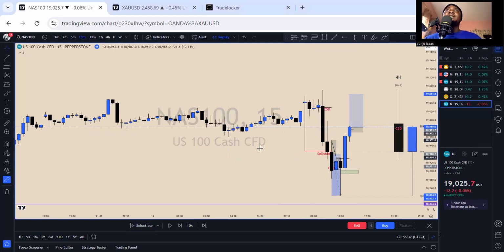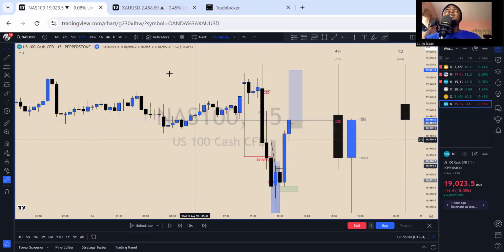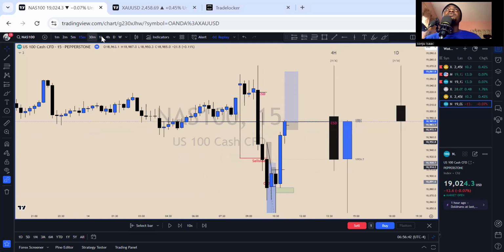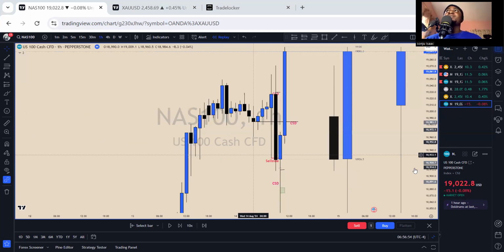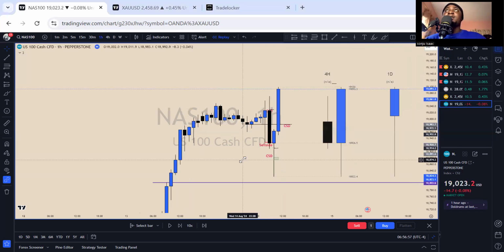So this is Nasdaq, NAS. First, what I was looking at, I went on the 1 hour time frame, and I was able to spot some points of interest and the direction of the market. Yesterday we had CPI.